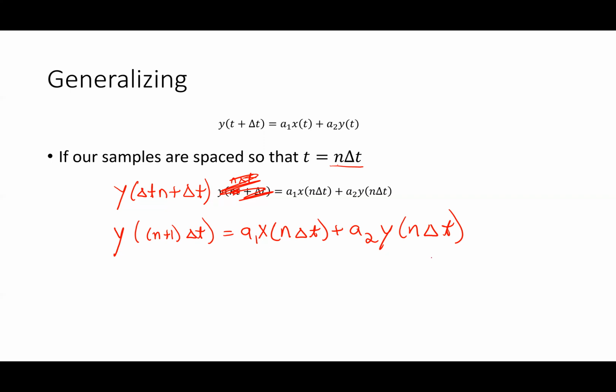No, I don't. I could just get rid of it, and I could say y of n plus 1 is a1 of x of n plus a2 y of n. Now that's a complete discrete time relationship, and it's super easy for me to work with, right?